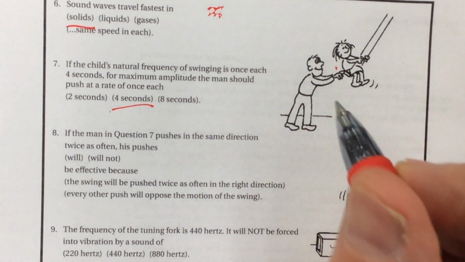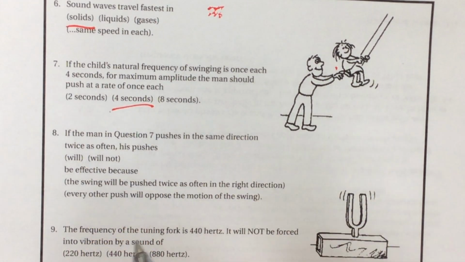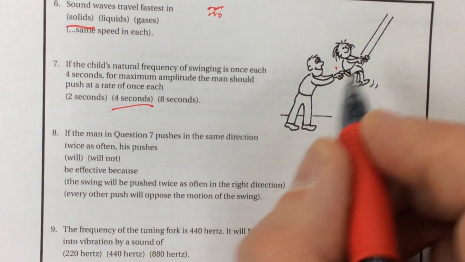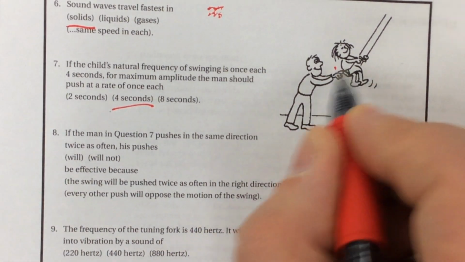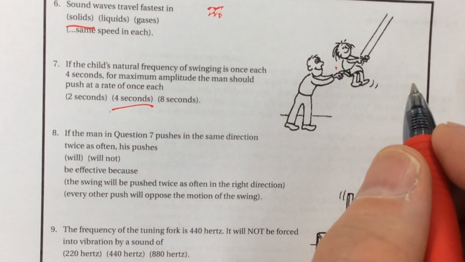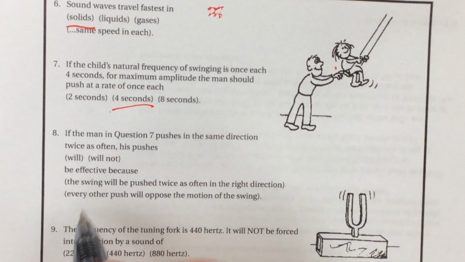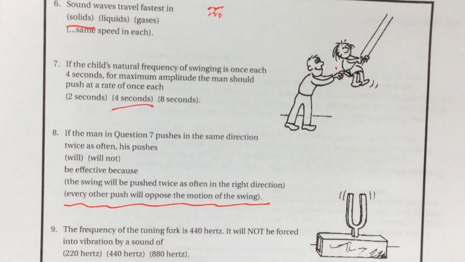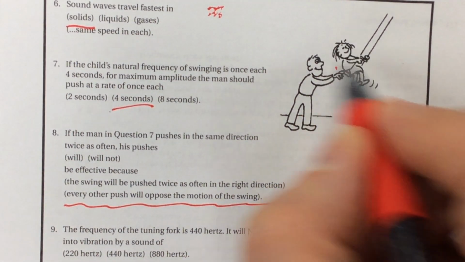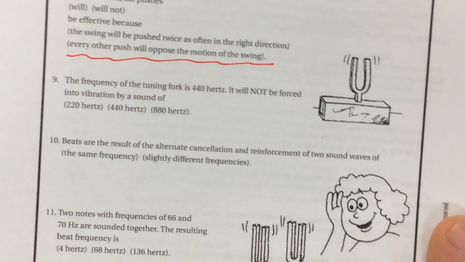If he pushes twice as often, then she won't be there. She'll be over here when he pushes, moving backwards while he would be moving forwards. So he really shouldn't do that. He has to wait for her to get back before he pushes again. That's like the first rule of swinging.